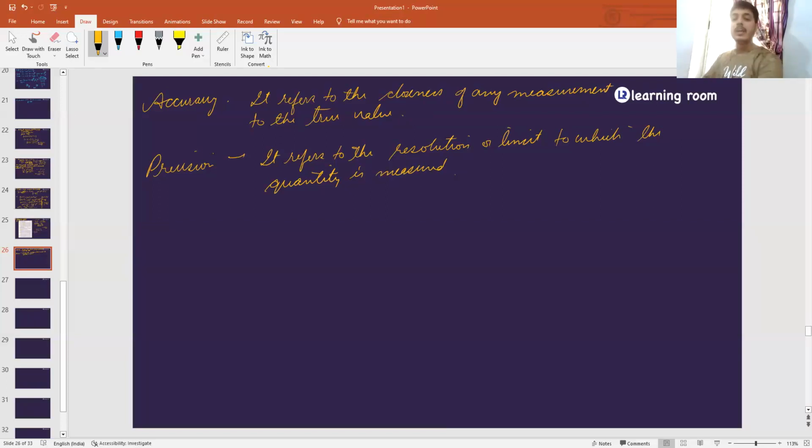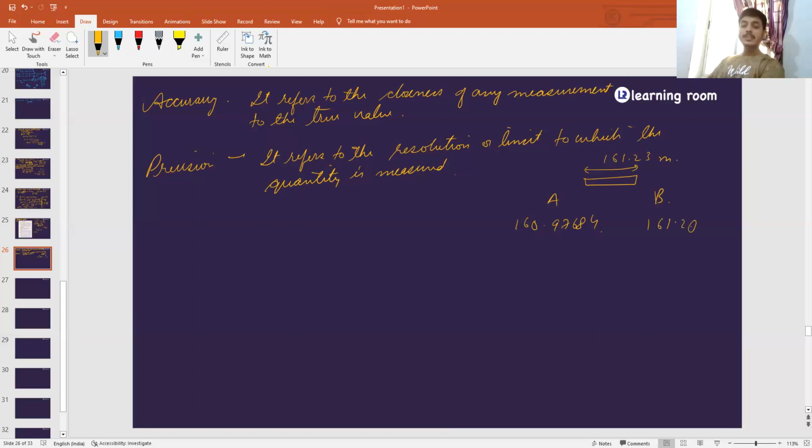For example, if I have a length, and that length is exactly 161.23 meters. I gave this length to A and B and asked them to measure. One said the answer is 160.97684. Another one measured the same thing to be 161.220.